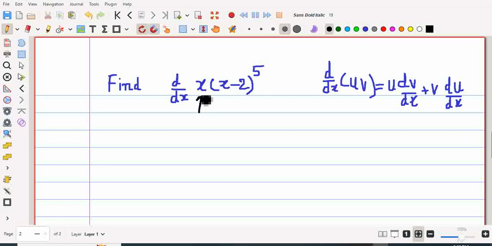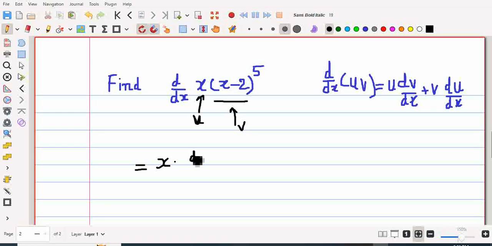Here x is v, and this whole thing, (x minus 2) power 5, is u. You can do it whichever way. Use this formula: the derivative will be x as it is, times the derivative of (x minus 2) power 5.